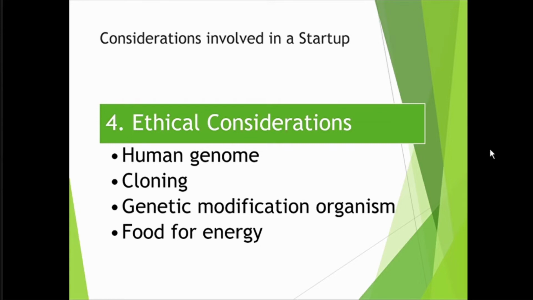And then finally, it's about food for energy. We have this issue of food versus crops: whether the crop is being used to produce food or to produce energy. This is true for countries producing a lot of energy crops, like Brazil and the United States.